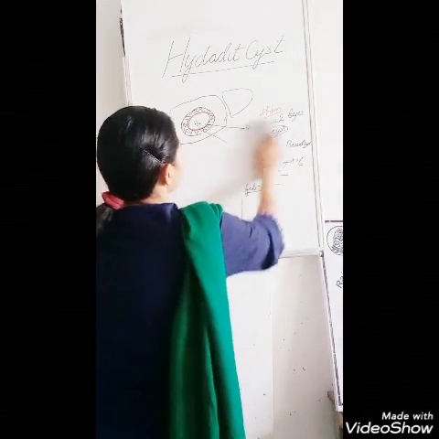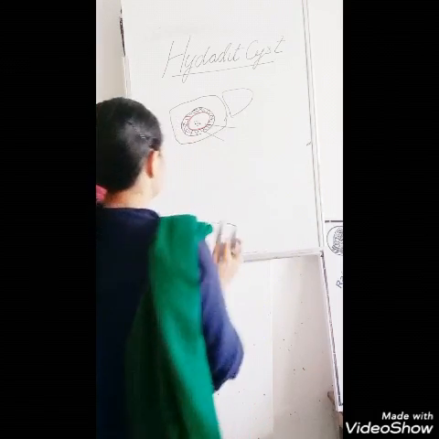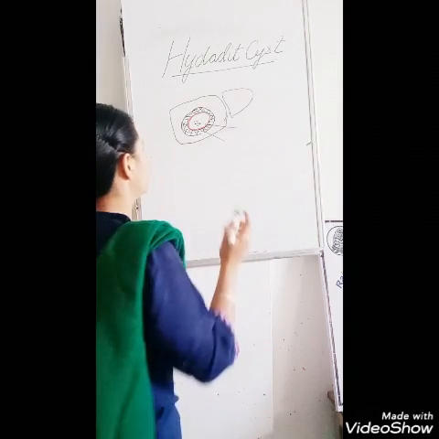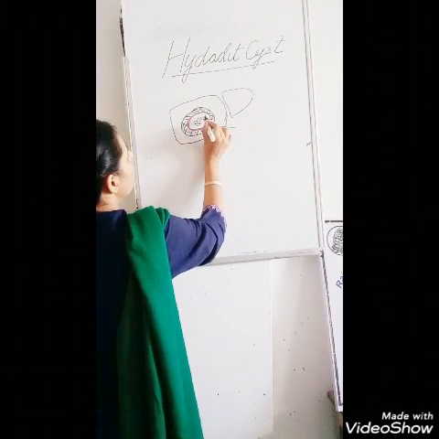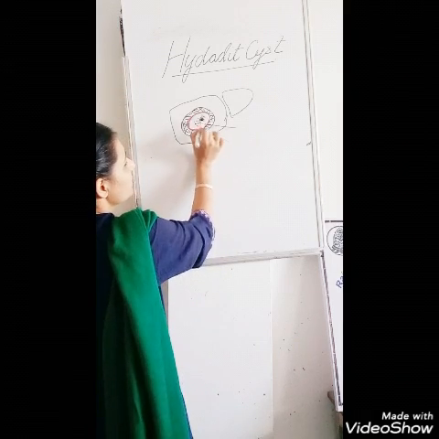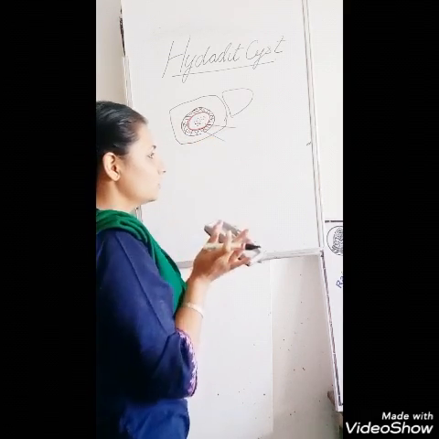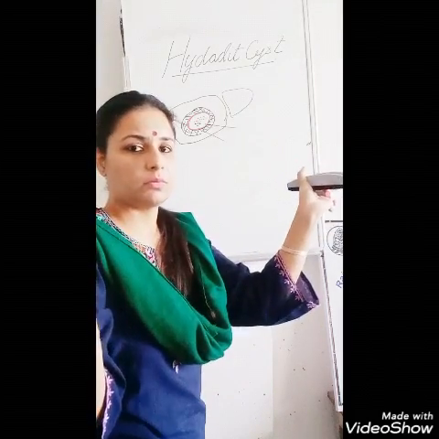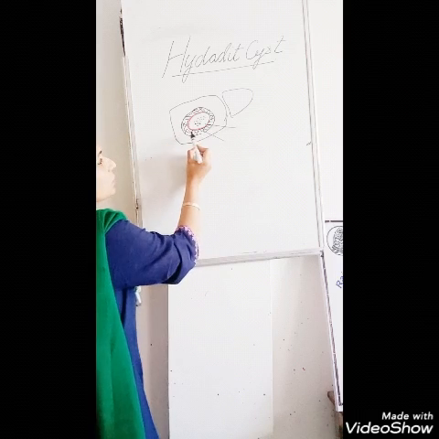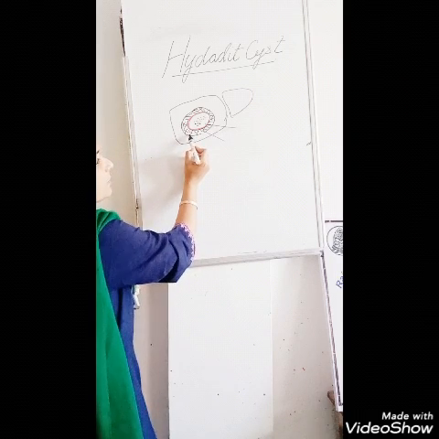Now what happened? The cells will keep continuing growing. But because there is limited space, it cannot grow more because of the compression produced by the liver. So the liver has produced a pericyst.